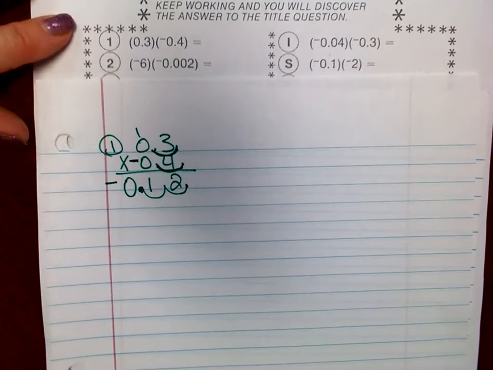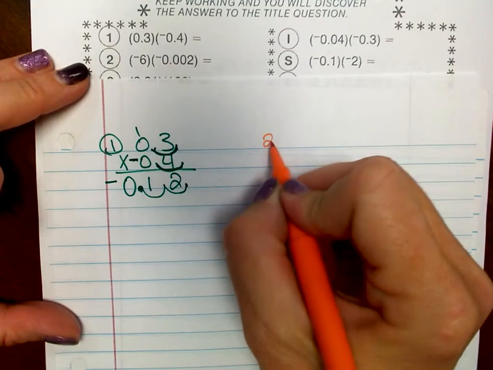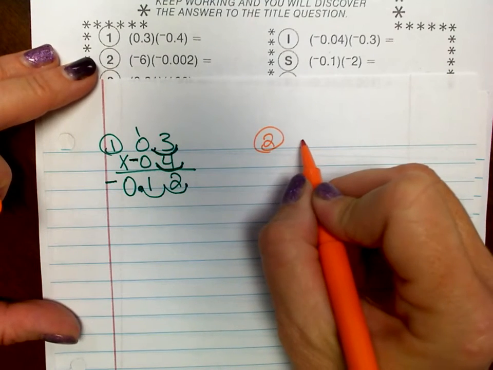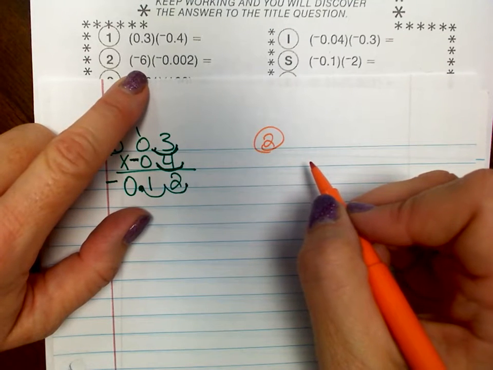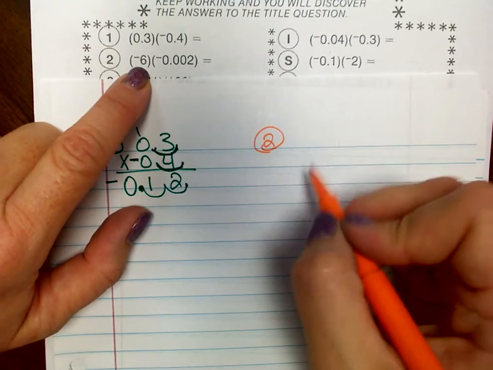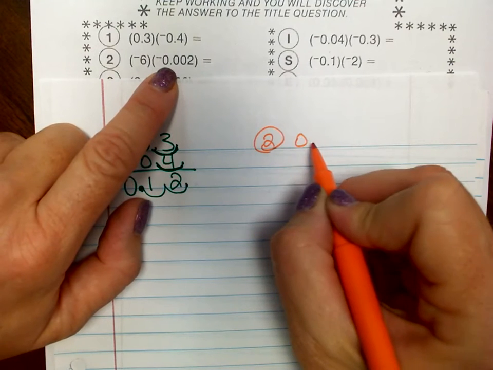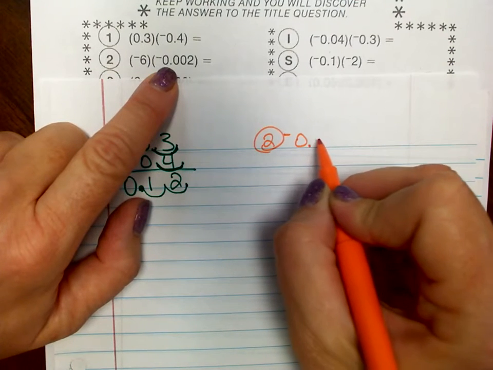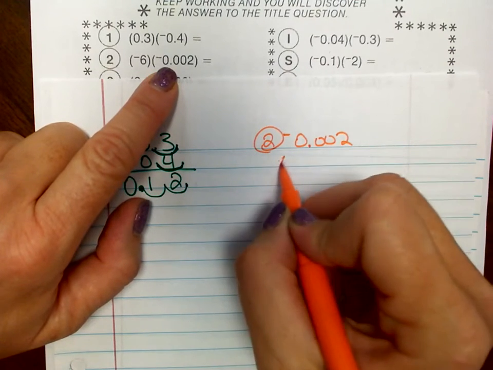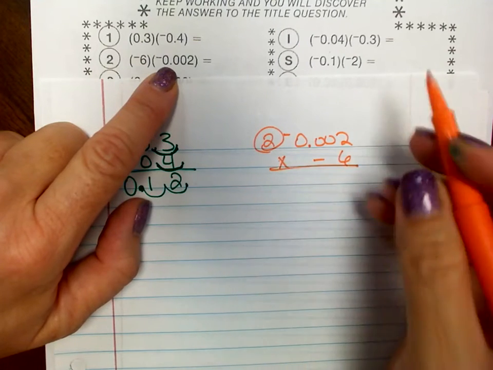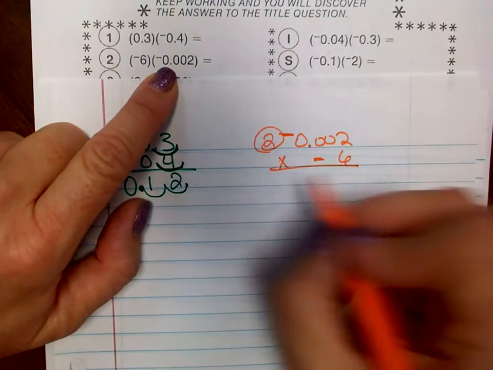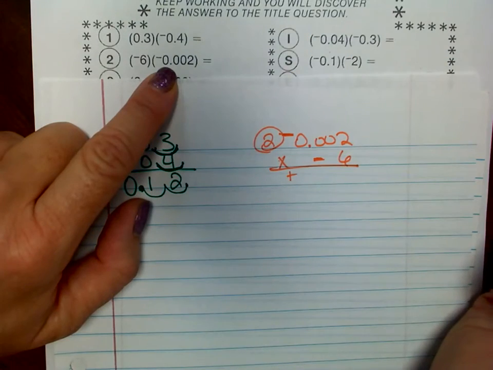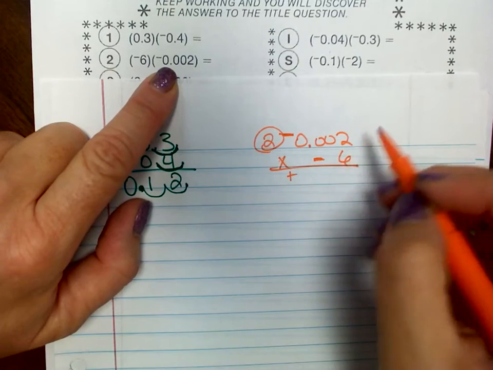And let's look at 2. I'm going to rearrange it just because it makes it a little easier. My single digit, I'm going to go on the bottom. So I'm going to start with my negative 0.002 times a negative 6. Notice the first thing, my signs, negative times a negative equals a positive. So 6 times 2 is 12.